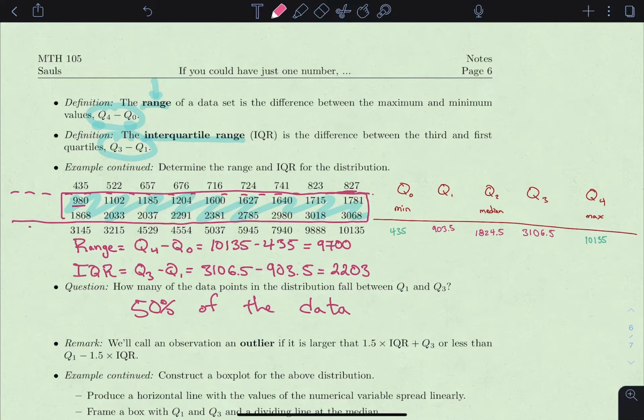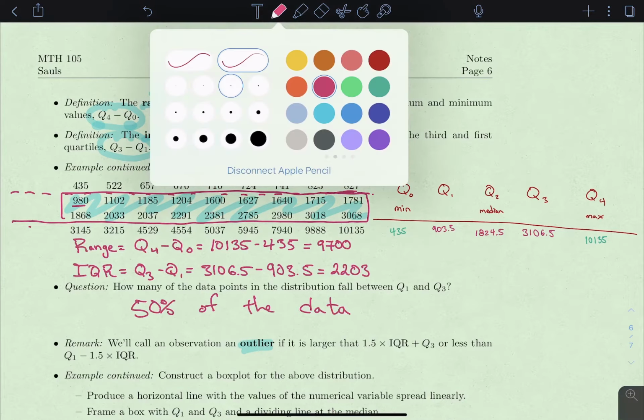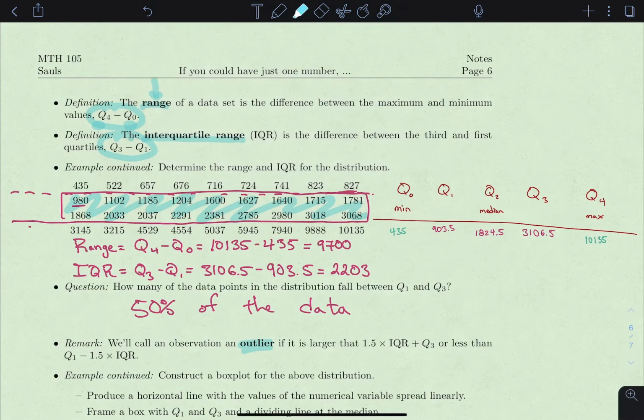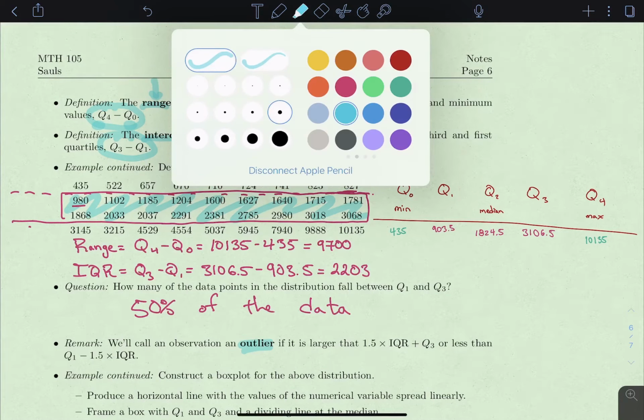All right, so the next thing we're going to do here is define outlier. In a previous video, we described outliers as numbers that are more than 2 standard deviations above the mean or less than 2 standard deviations below the mean. Here we have another size metric, but we're not basing it off the median or the mean.